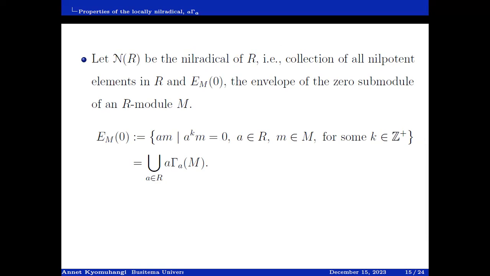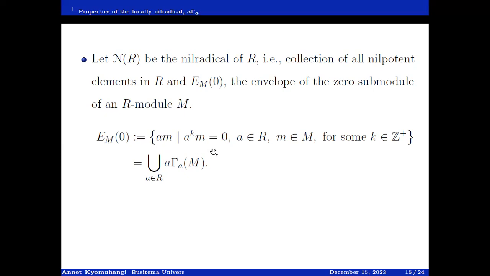When we take NR to be the nilradical of the ring, that is, you're collecting all nilpotent elements of the ring, and we look at the module analog of this nilradical, which is the envelope of the 0 submodule, defined by the AM such that AKM is equal to 0, then we find that this envelope is actually the union of A gamma AM. Why? We have said that A gamma AM is collecting all AM such that AKM is equal to 0, but for a particular element of the ring.